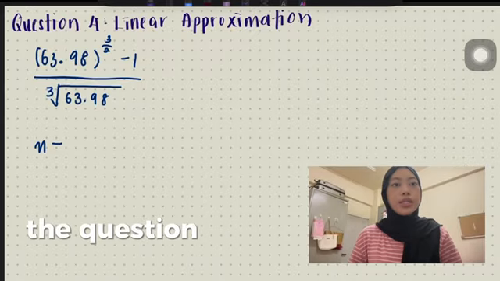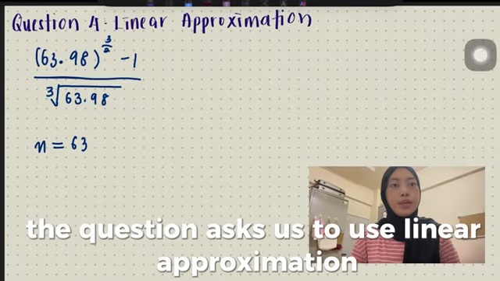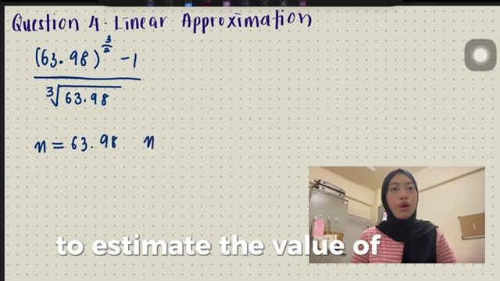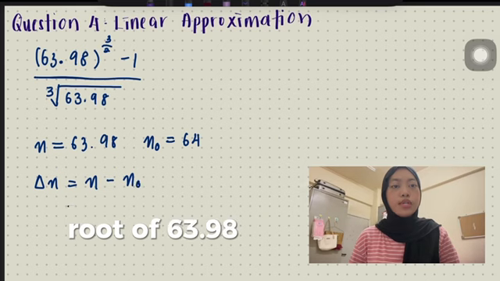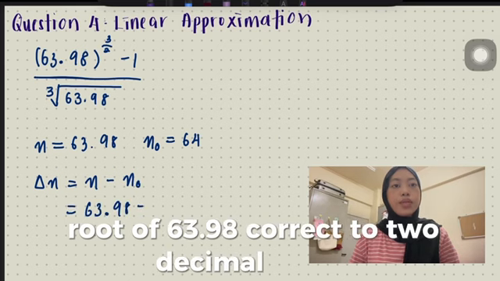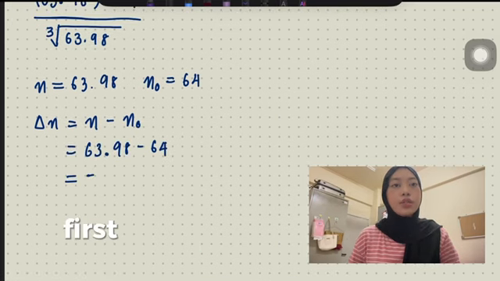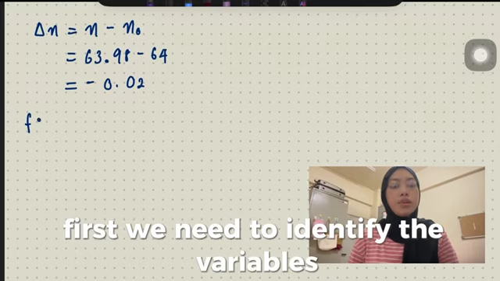Question 4. The question asks us to use linear approximation to estimate the value of 63.98 to the power of 3 over 2 minus 1 over cube root of 63.98, correct to 2 decimal places. First, we need to identify the variables.